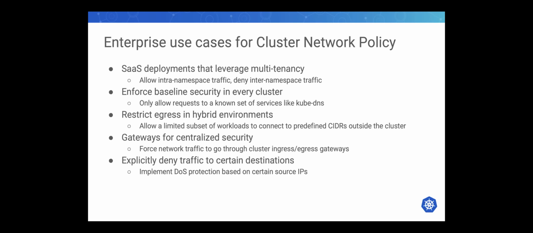In certain cases, you want to restrict certain CIDRs which the workload should not talk to, and perhaps in certain cases they want certain CIDRs to be accessible. So again, this can be done with Kubernetes network policies. It's just that as a cluster administrator, you can give that guarantee to every namespace that comes up dynamically, instead of having to do some sort of additional tooling on top of your cluster.